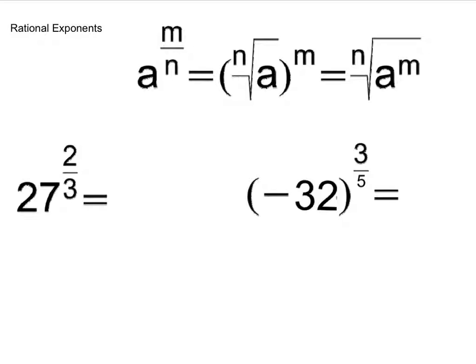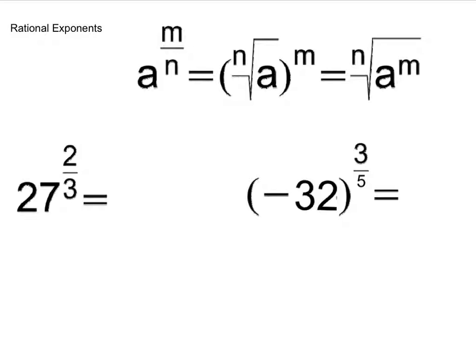It is possible to express any radical expression using rational exponents. A rational exponent, also called a fractional exponent, just has two parts, a numerator and a denominator. Those two parts correspond to different parts of a radical expression. When I say a raised to the power of m over n, my numerator m becomes an exponent on a radical expression, while my denominator n becomes the index of the radical.